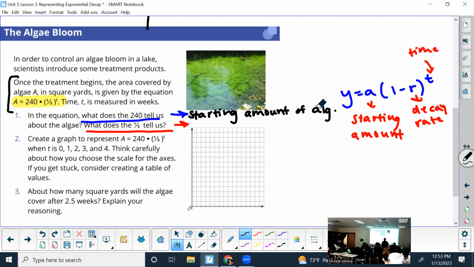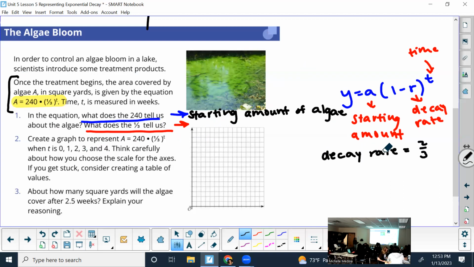All right, table 4, what does the 1/3 tell us? Close. Is the 1/3 my decay rate? No. I can see why you think that. Well, okay, yes, my decay rate is 2/3. It's not what it asked us.